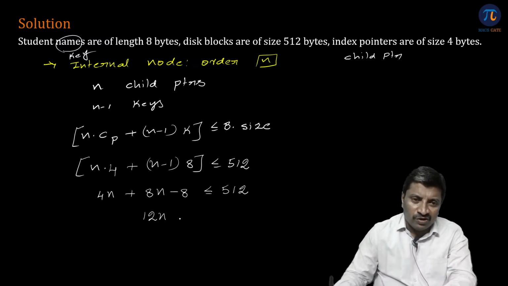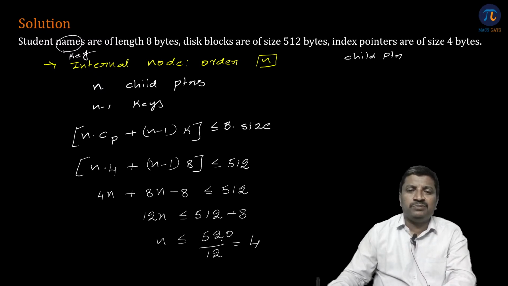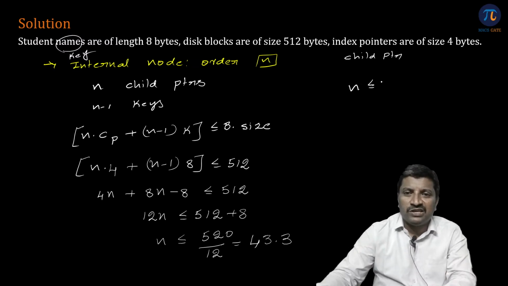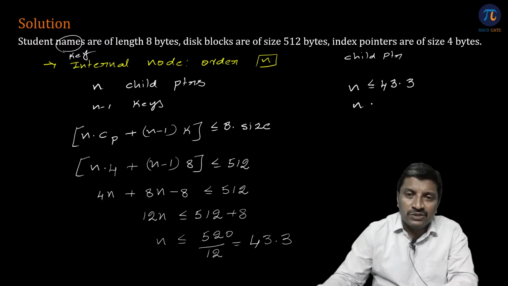So that will be 12n less than or equal to 512 plus 8. So 520 divided by 12. How many times, sir? I think 4 times. In 40 it is 3 times. Again it will be this one. So n must be less than or equal to 43.3, but n is an integer, sir. So the maximum possible value for n is 43.